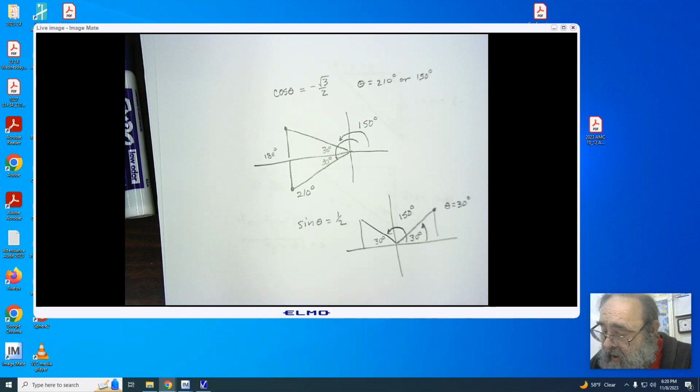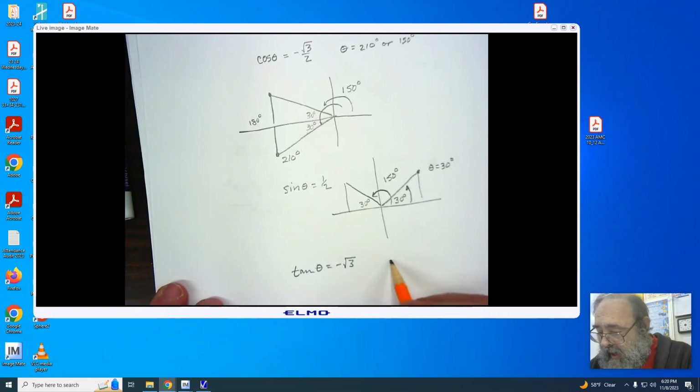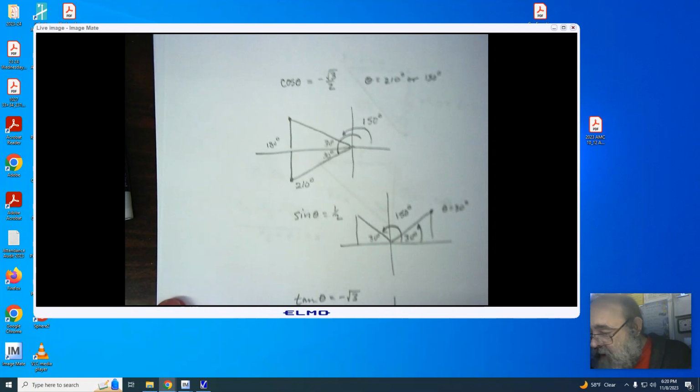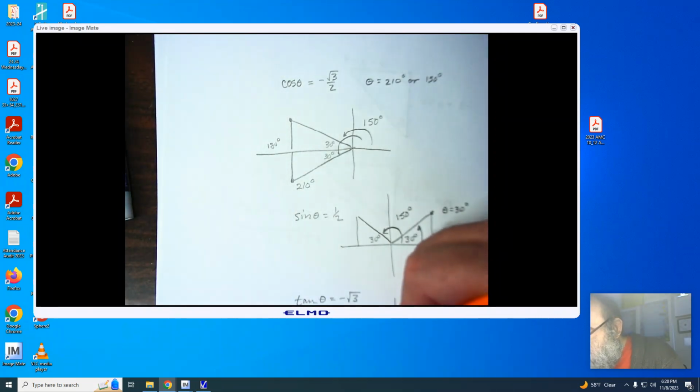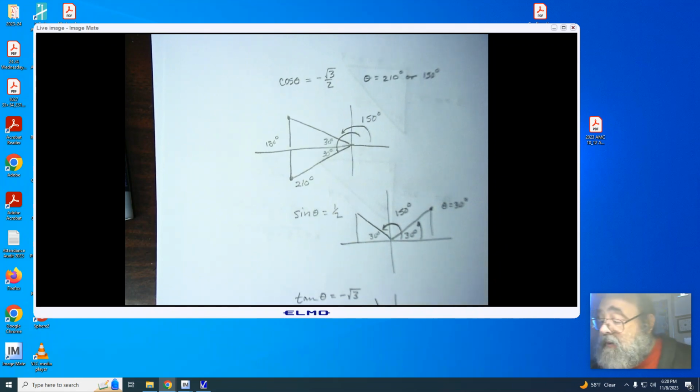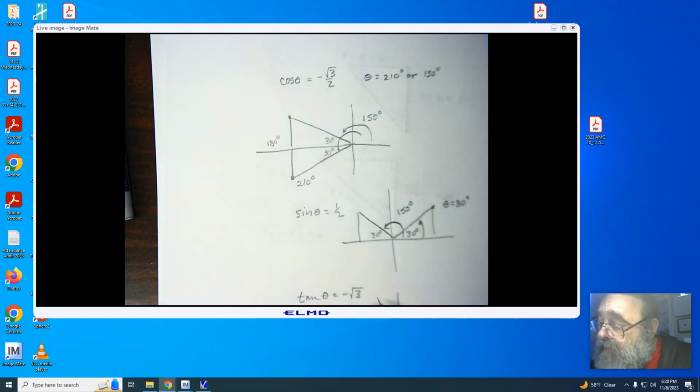Let's go ahead and do another one. Let's do the tangent of theta is negative root 3. Alrighty, so we're going to first start by finding our tangent where it's negative. That's in the second and fourth quadrants. And in order to have a root 3, I have to have a 60-degree reference angle.